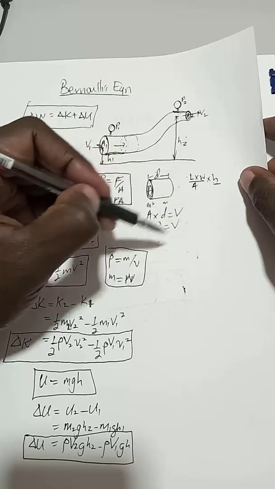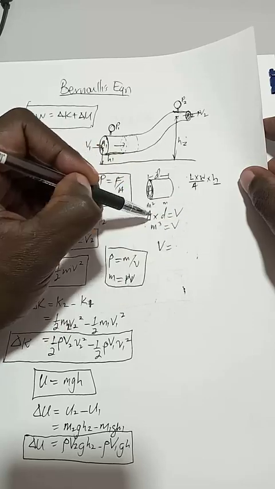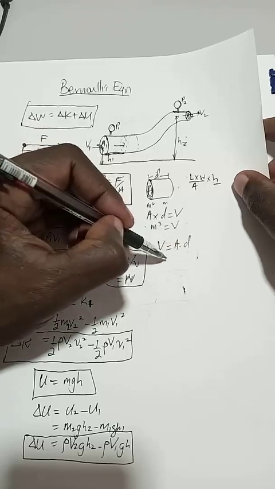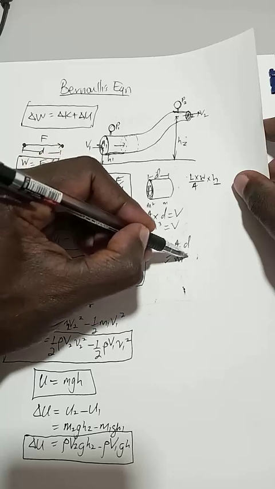Volume V is equal to area times distance, which is meter cubed in terms of unit.